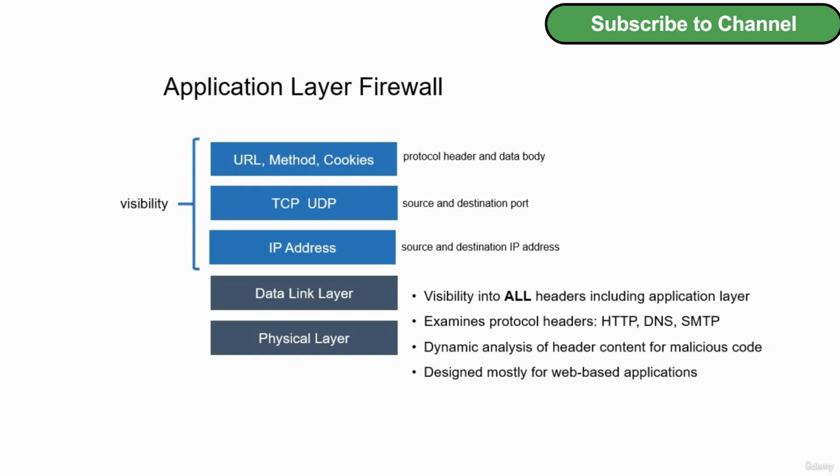It is doing security, but it's really looking for malicious code. When you've got an application layer firewall, like a web application firewall, it's really scanning for problems, for malicious code that could be injected into the application layer itself. So it's designed mostly for web-based applications.